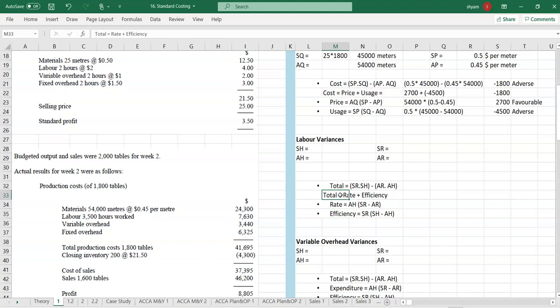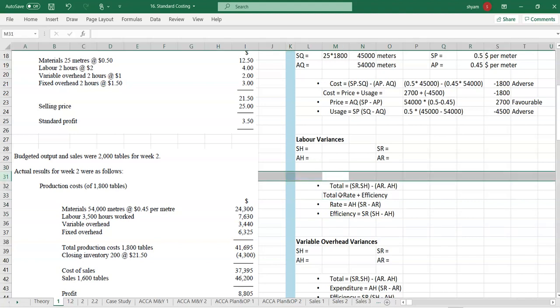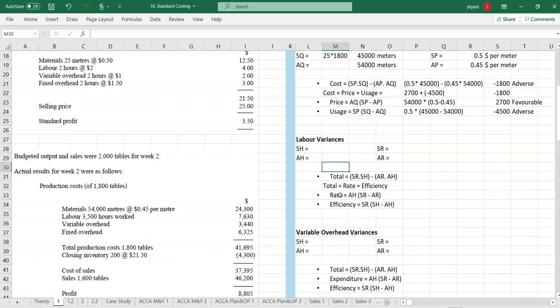So first we will find out these numbers and get the answer. Labor per unit is 2 hours. To do 1 unit, it is 2 hours. Actual hours worked are 3,500 hours. You can put that here.